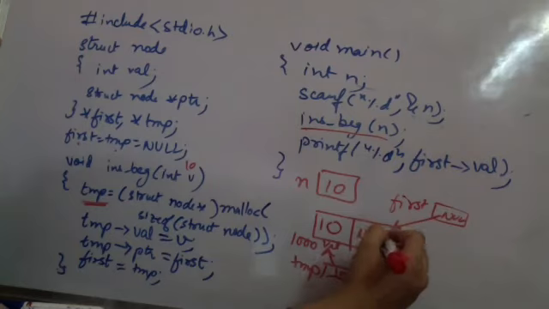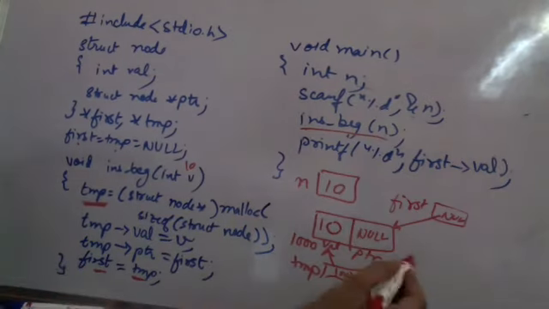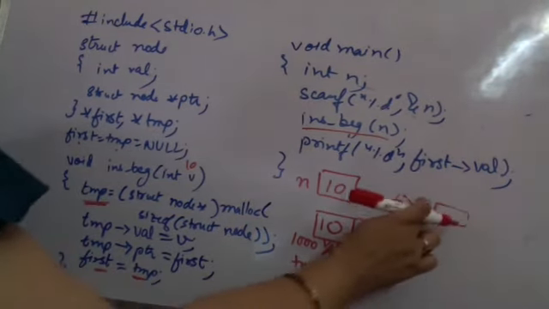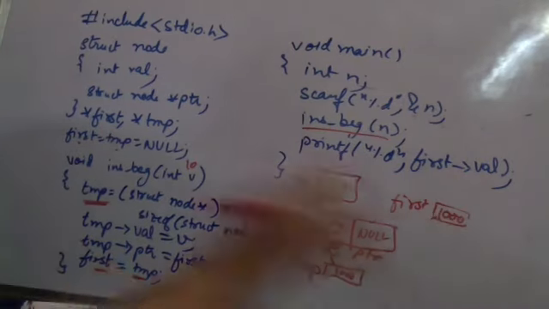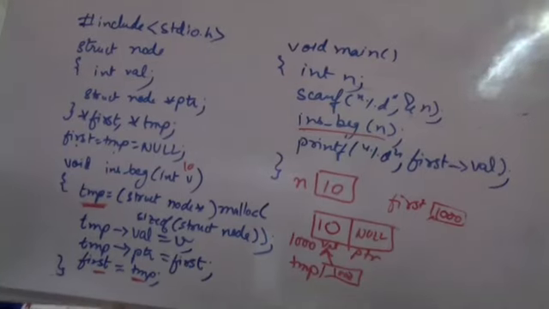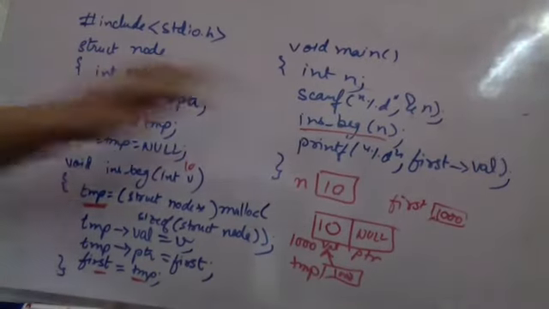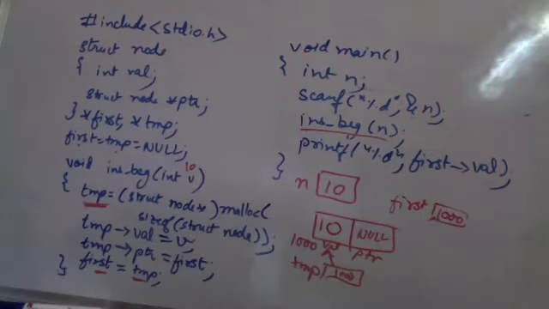So it is null. Then I am saying first is equal to temp. So first is now not equal to null. It is now having the value of temp, which is 1000. This is the list I have created. Okay. Now insertion at beginning of n has happened. So when you print the first value, 10 gets printed.